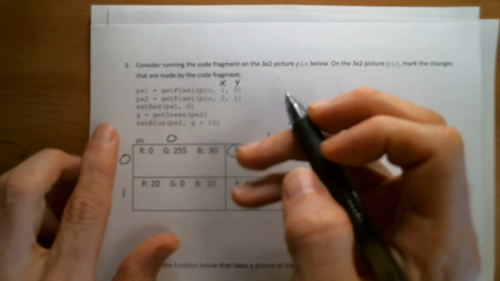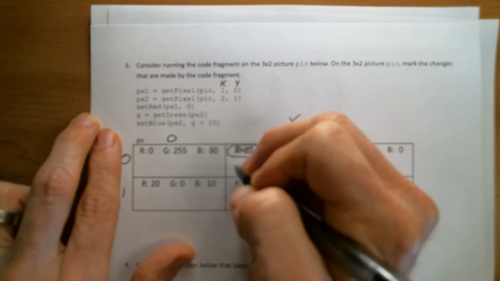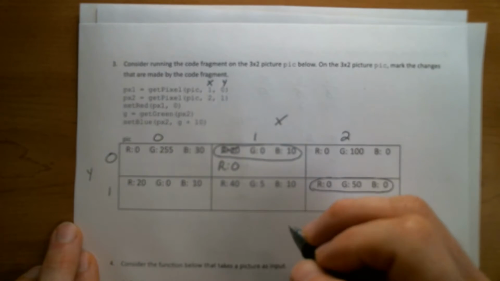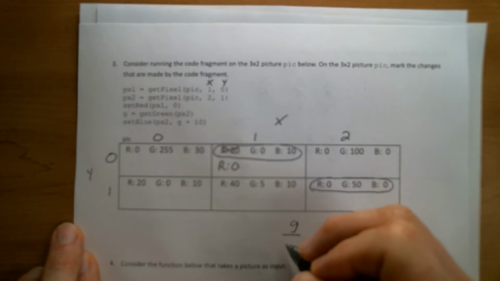Then we're saying set red of pixel 1 to 0. So this R20 is going to go away, and it's going to become R0. Then we're saying G equals get green of pixel 2. So this variable G that we're creating is going to have the green value, which is 50.